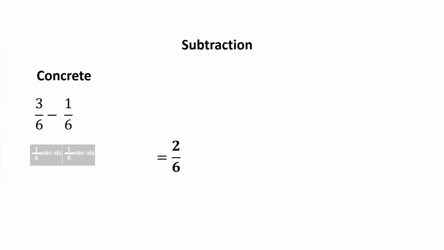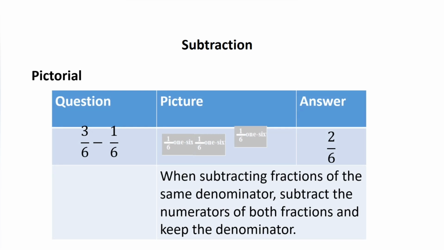The teacher then provides the students with a few more of these examples before we move on to the pictorial representation, where the pictorial representation would consist of all the questions that were done in the concrete operation.